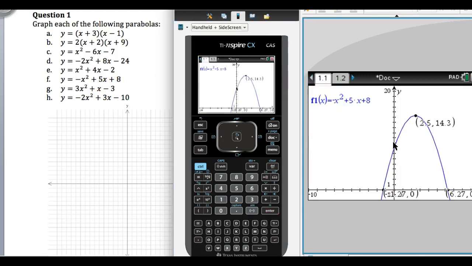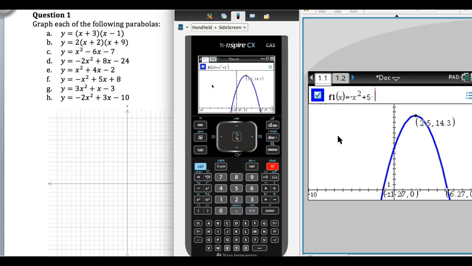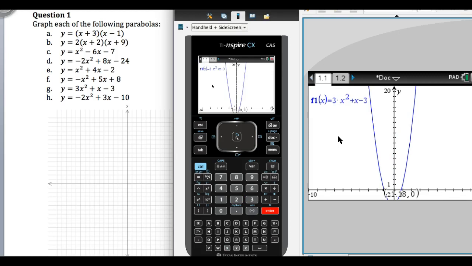You can go back and graph it if you want, so tab, clear all that. Now I know I've already, 3x squared plus x minus 3. Okay, so again, you can find out your x-intercepts.